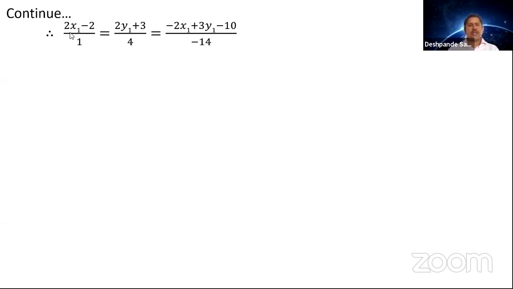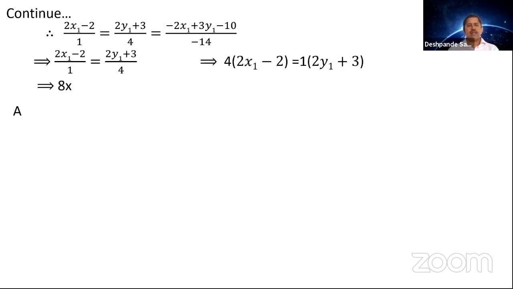Children, you take any two pairs. Let us take the first pair: (2x1 minus 2) divided by 1 is equal to (2y1 plus 3) by 4. Cross multiply: 4 into (2x1 minus 2) is equal to 1 into (2y1 plus 3).